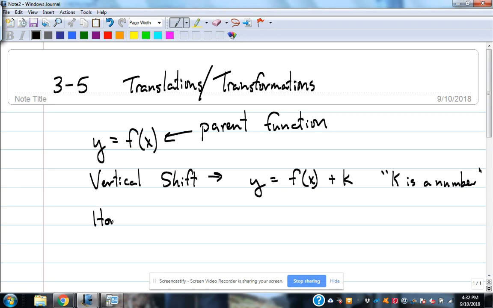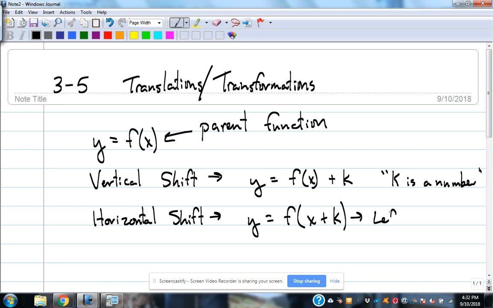We could have a horizontal shift. The way horizontal shifts look is you add on the inside, it moves it left. If you subtract on the inside, it moves it right. Anything that's vertical is going to happen on the outside of the f of x, or of the parent function.